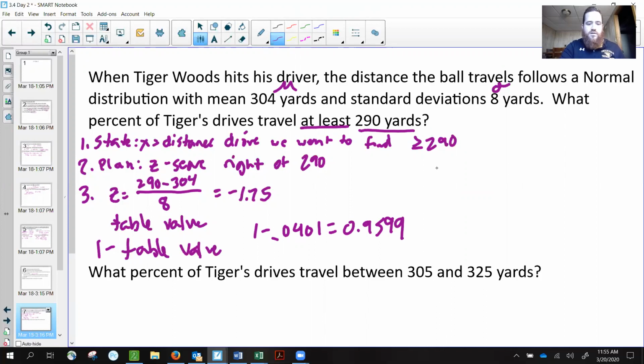So 4, conclude, write that as a percentage. 96% of Tiger's drives are at least 290 yards.